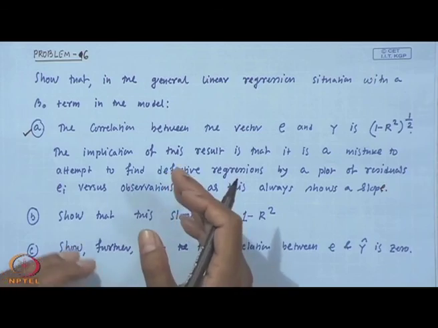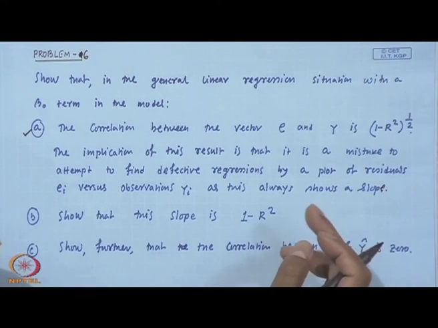This is the reason why we plot the residual against y I hat, not against y: there is a correlation between E and y, and we just proved that the correlation is the square root of 1 minus R square.